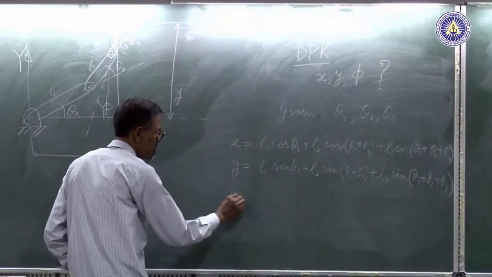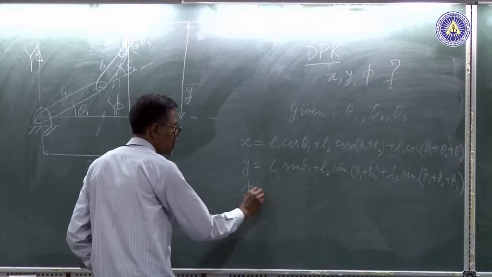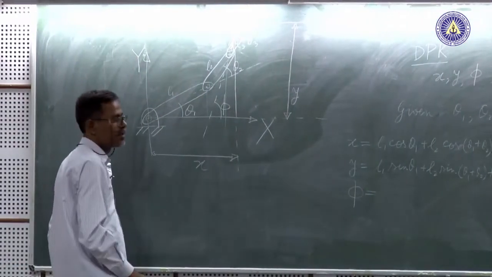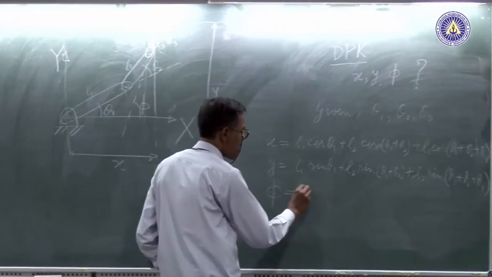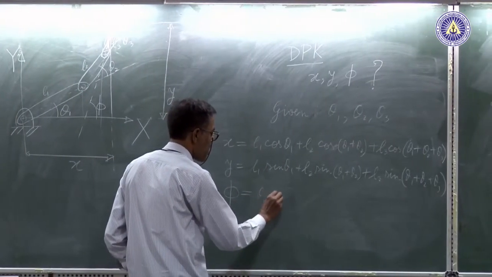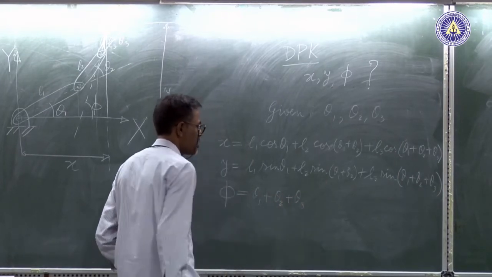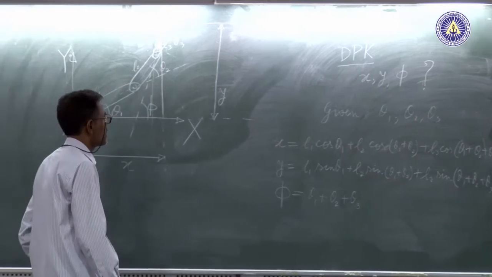And what will be phi? Theta 1 plus theta 2 plus theta 3, right? That is very simple. This is phi.